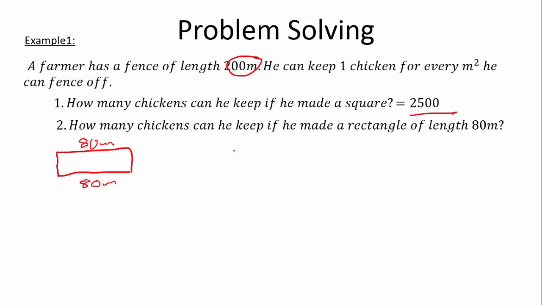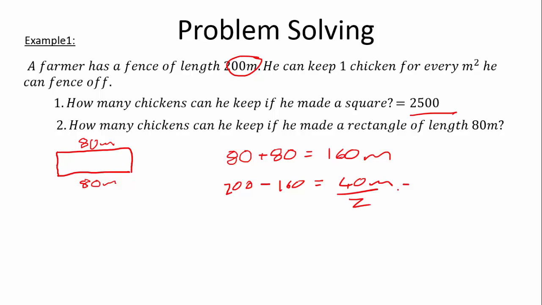So 80 plus 80 is equal to 160, so there's 160 meters of fence we've used. How much fence do we have left? 200 minus 160 is equal to 40 meters. We've got to divide that by 2 because we're going to put it on each side. So that's 20 meters of fence on each side. That makes sense. 20 meters, 20 meters.